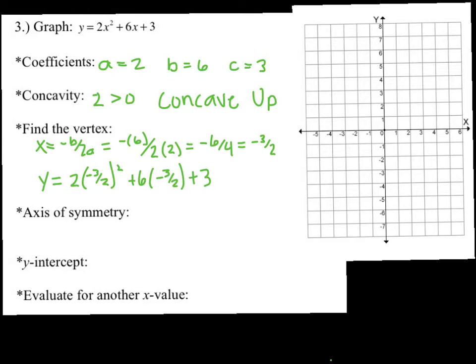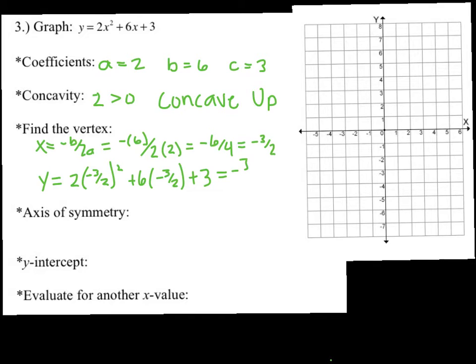So you guys could type that into the calculator. You could do it in your head. I know that 3 squared is 9/4 times 2, and then plus 6 times negative 3/2 plus 3. So I would get this, oddly enough, to also be negative 3/2.